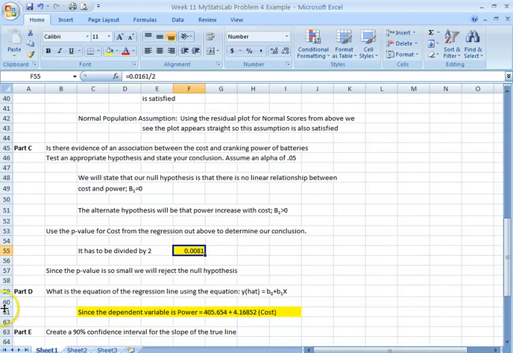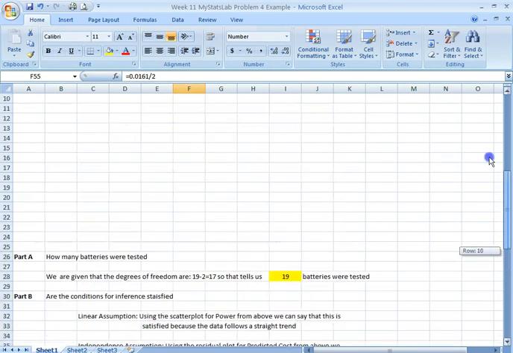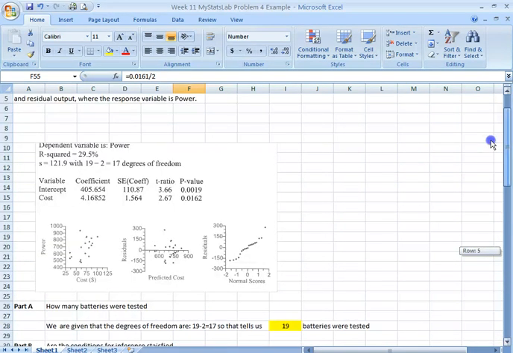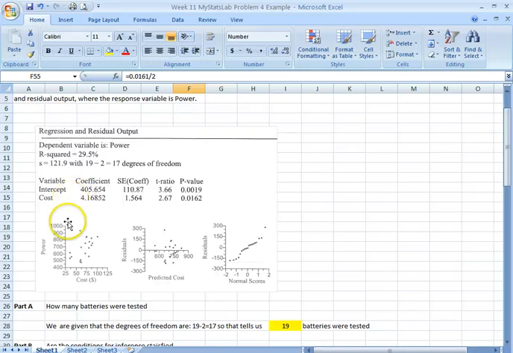Part D. What is the equation of the regression line using the equation y hat equals B0 plus B1 times X, same one we've been using. And since the dependent variable is power, it's going to be equal to, and let's get our numbers here, intercept is 405.654, cost is 4.16852.